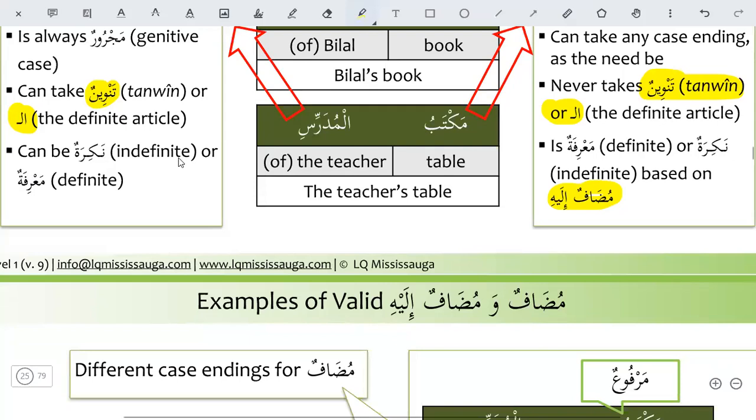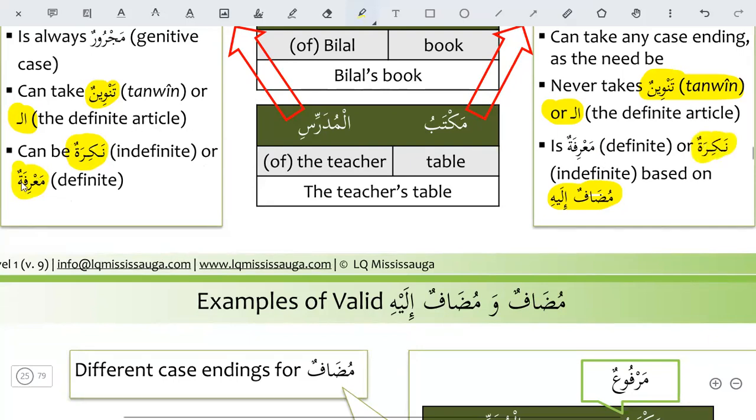Mudaf ilay can be nakira, indefinite, or marifa, definite. If the mudaf ilay is nakira, then the mudaf is also nakira, indefinite.